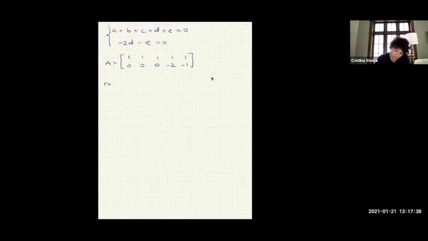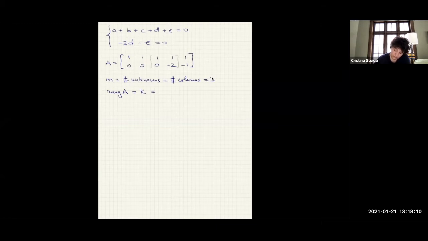So now we are looking at rank. Okay, first of all, M, which is the number of unknowns, which is the number of columns, is 3, and then rank A. Okay, immediately I pop out that it is 2. I'm just picking a 2 by 2 matrix that has non-zero determinant, for instance, this one.